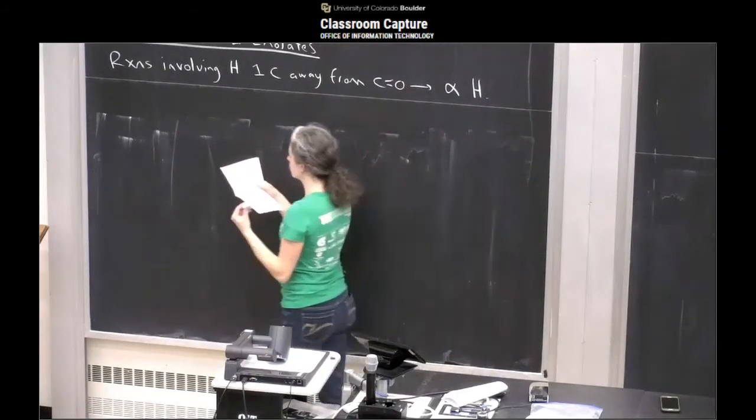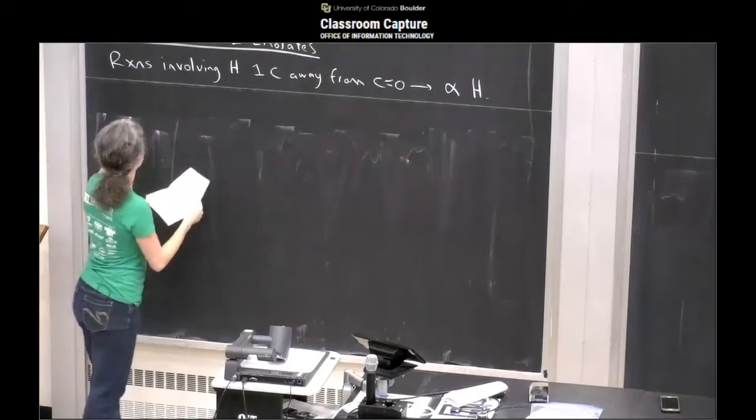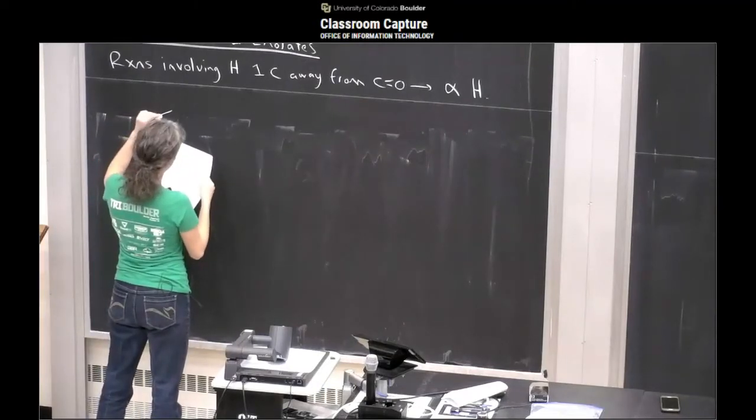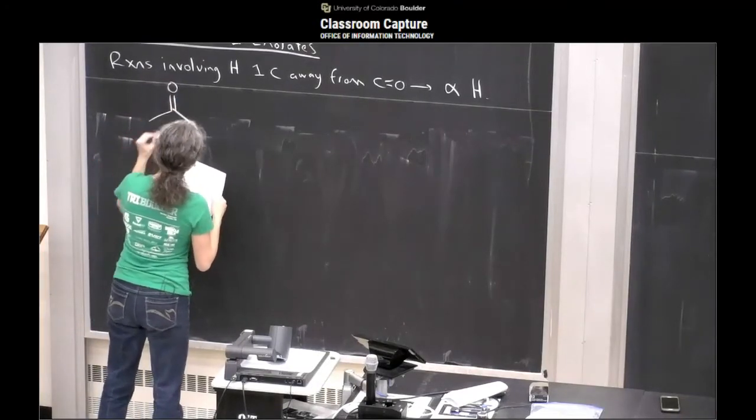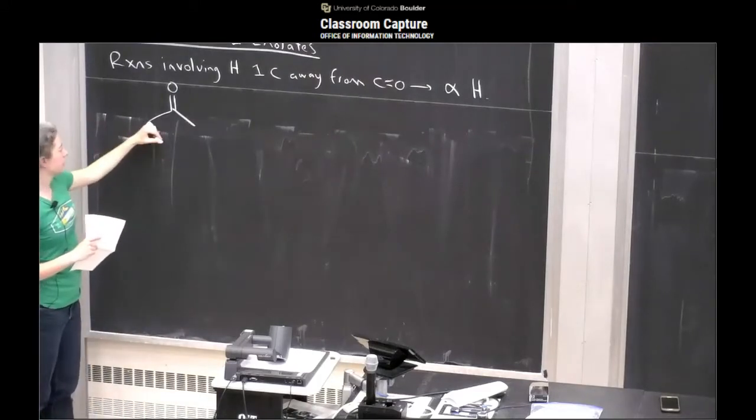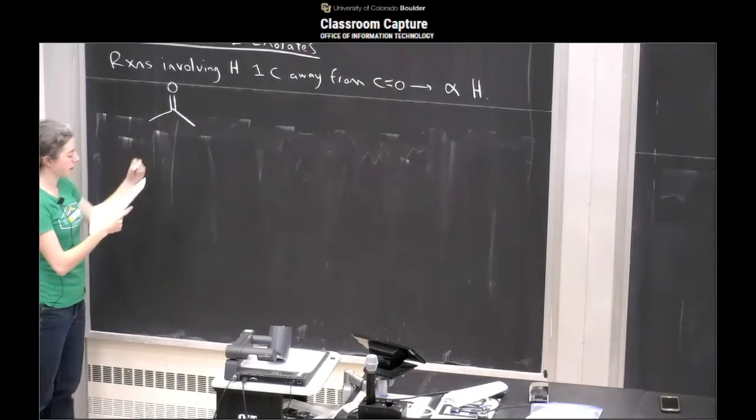A really common theme that we're going to see here is we have some carbonyl compound, and it's got a bunch of H's on the carbons one away from the carbonyl.